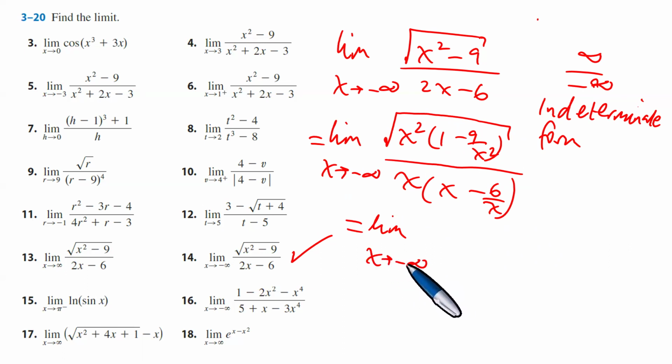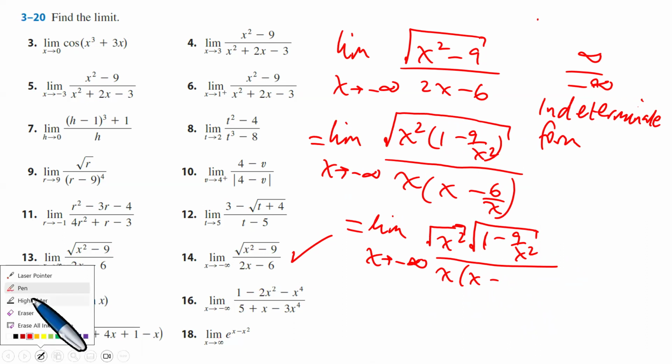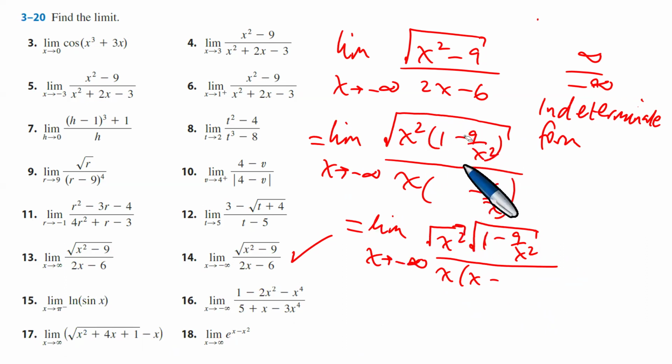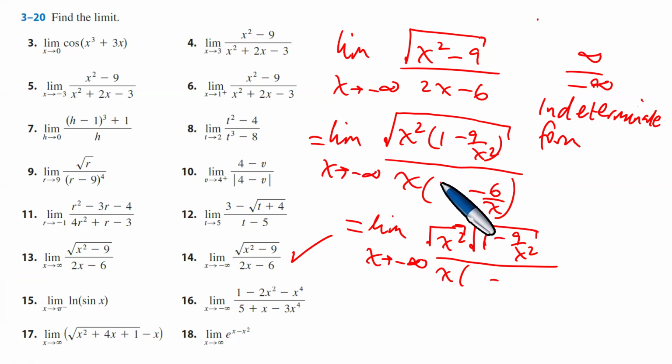Pull out the x in the denominator, and you have a 2 there, and then 2 minus 6 out of x.